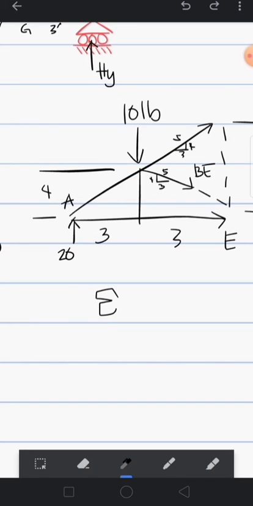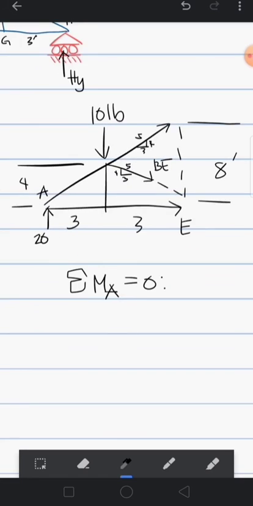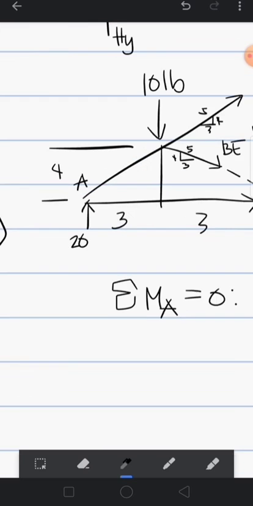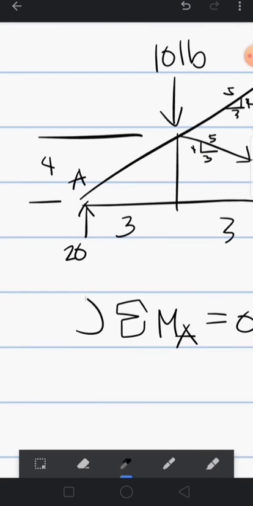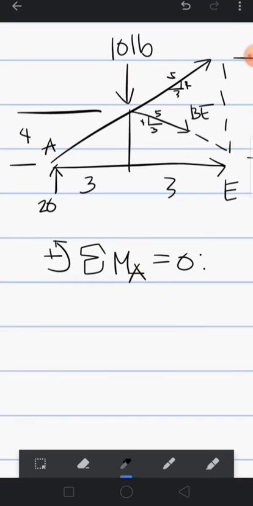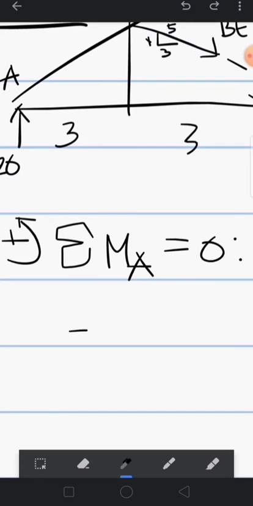If I sum all the moments at A equal to 0, I can assume counterclockwise as positive. So the 10 times 3 moment is negative, because of the assumption: negative 10 times 3.